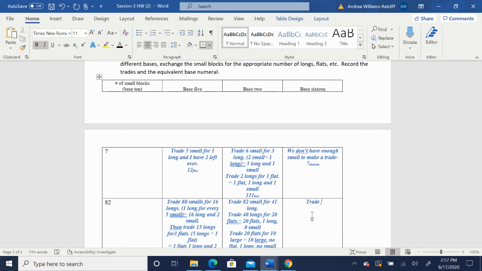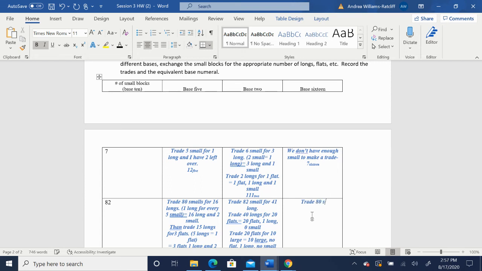Nothing wrong with that. I know that 2 groups of 16 is 32, so 4 groups of 16 must be 64. 5 groups of 16 then would be 80. So that's what I'm going to do.